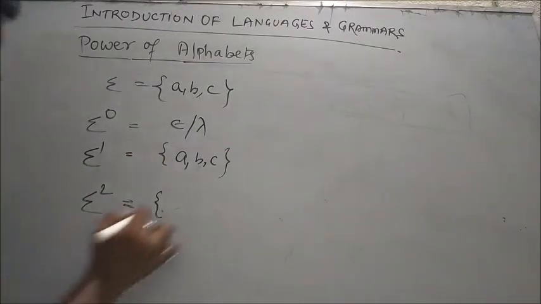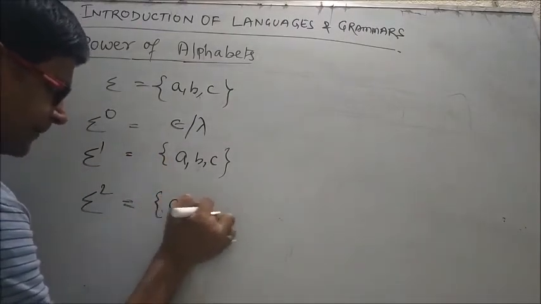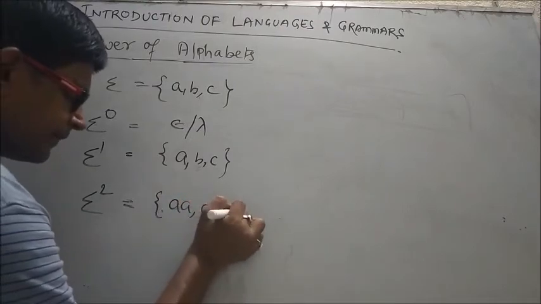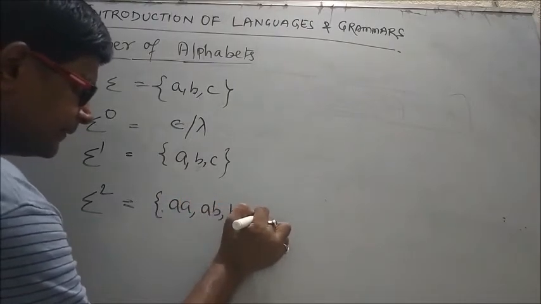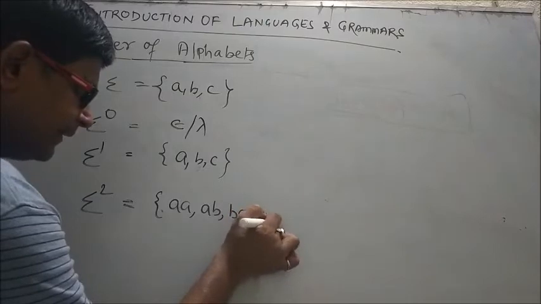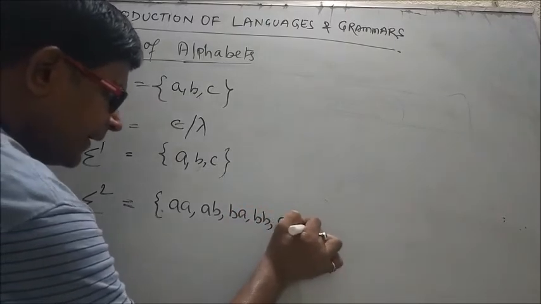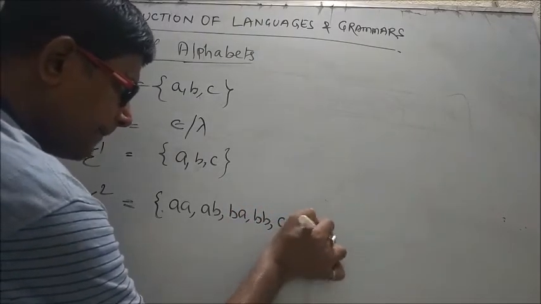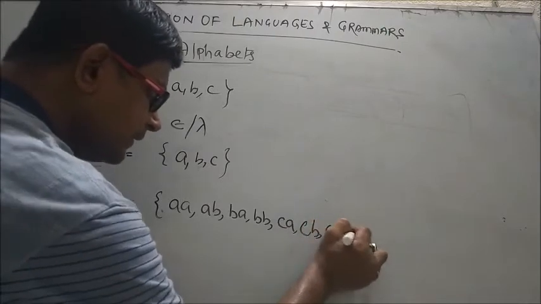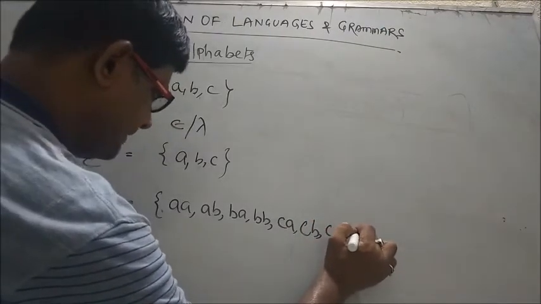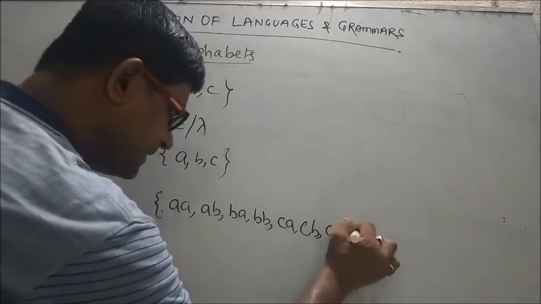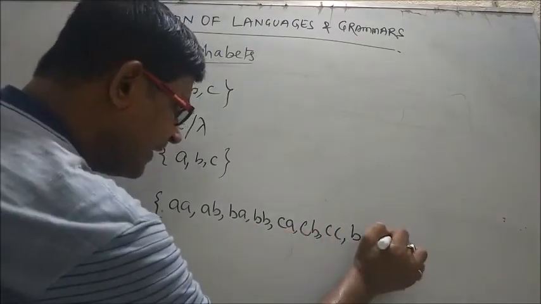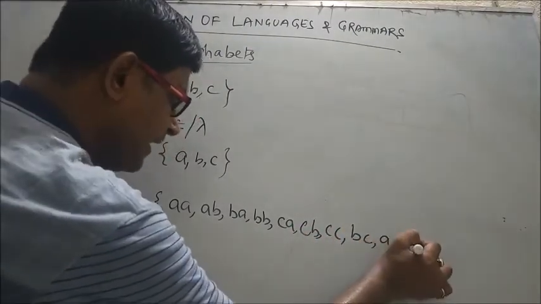Alphabet square means maybe AA, AB, BA, BB, CA, CB, CC, BC, yes, BC can happen, okay? AC can also happen, right?